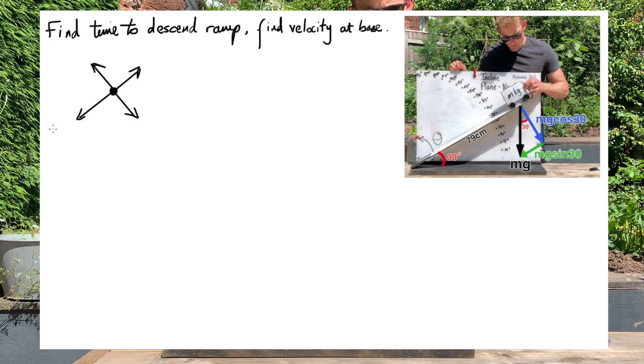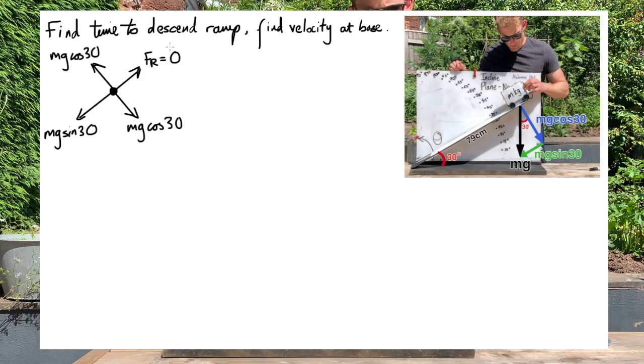So the force down the slope is mg sine 30. The force into the slope is mg cos 30. The reaction force, the normal reaction, is mg cos 30. And this force this way would be any resistance force, but there is no friction, so it's 0.